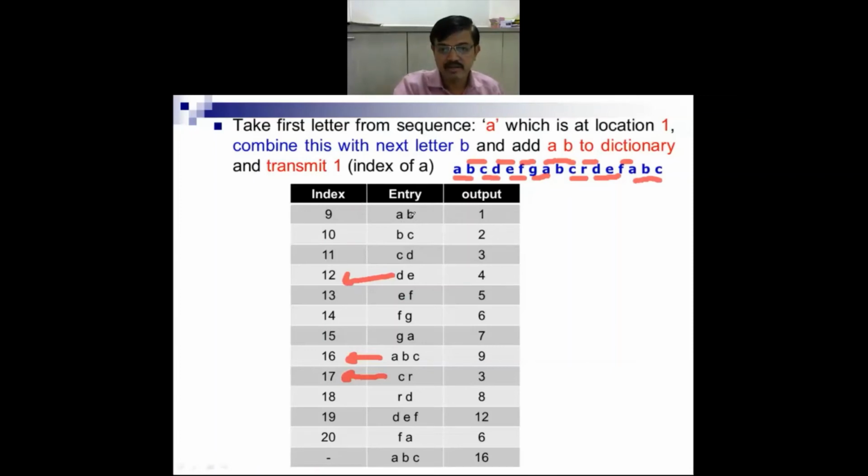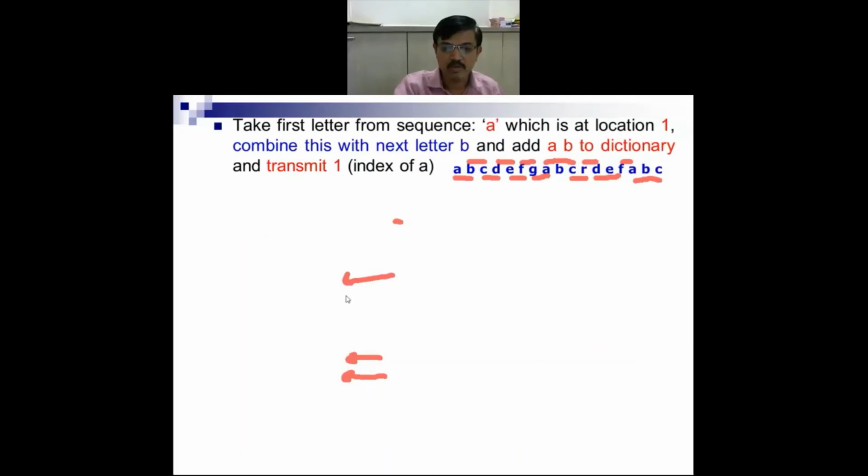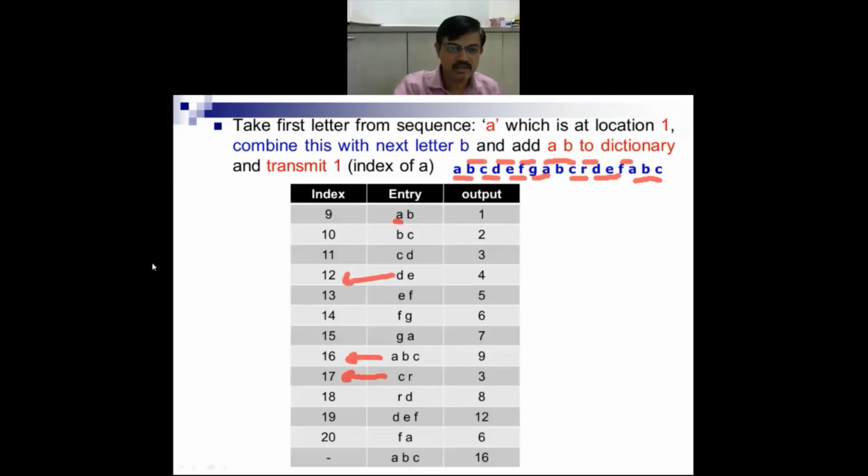If I look at the subsequence AB, B is my innovative bit and A is my prefix. For A, if I look in the dictionary, A is located at index 1. Therefore, in the output, for A as my prefix, A is located at index 1, so my output is 1.